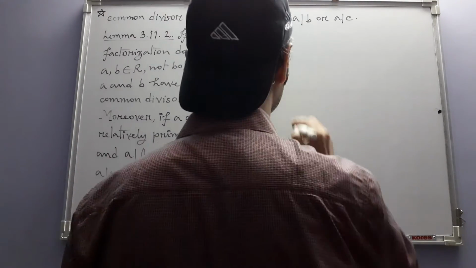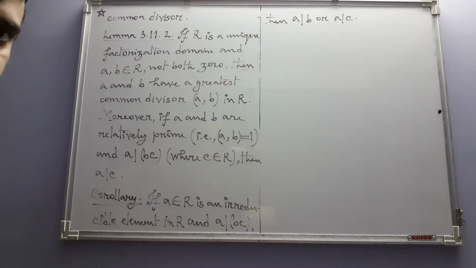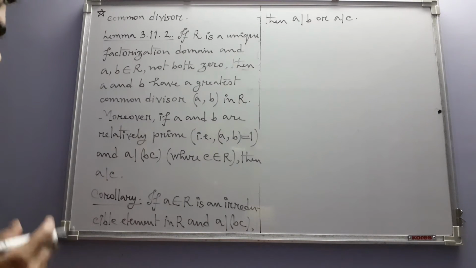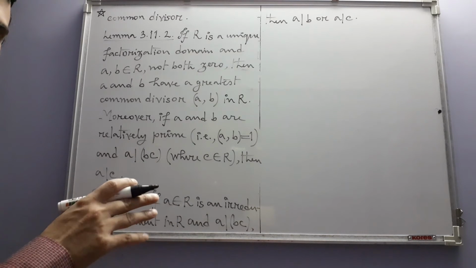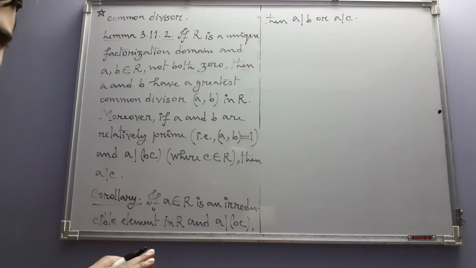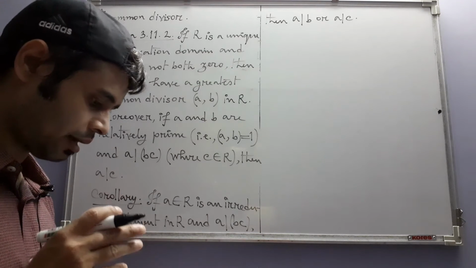So we have seen these things. Now we wish to transfer an analog of Gauss lemma that we had in the ring of integers along with the field of rational numbers in our setup.